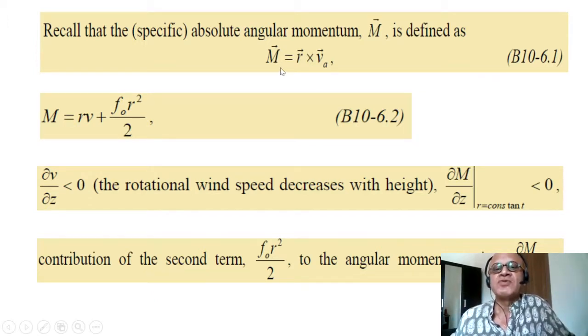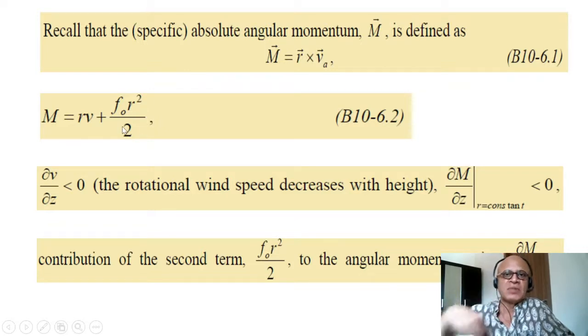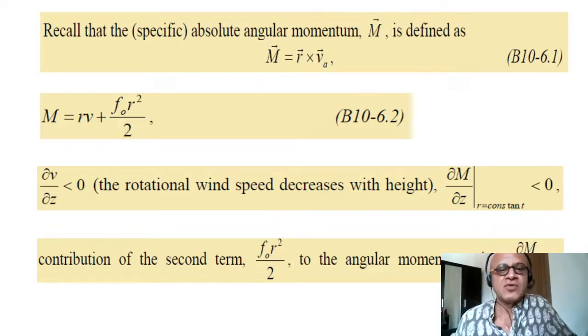So here we write it as r cross V_A, where V_A is the absolute velocity, and momentum then can be written as rV, where V is the rotational speed, plus f0 r squared over 2, which is a contribution from rotation and the Coriolis, right? So as r increases away from the eye of the cyclone, this term is going to add to the angular momentum.